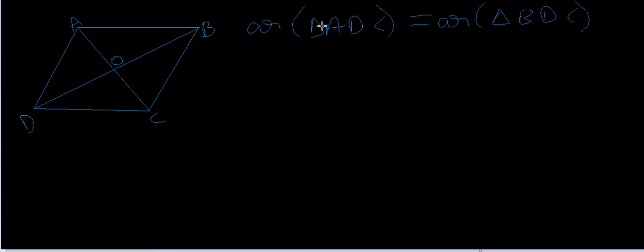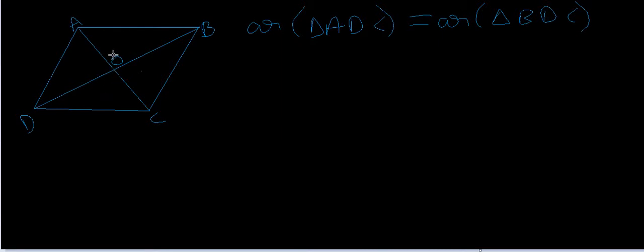Now look carefully. What are these two triangles made of, ADC and BDC? They are made up of AOD plus DOC, that is triangle ADC. And for BDC, it is made up of triangle BOC plus triangle ODC. That means in both these triangles, the portion ODC is common.